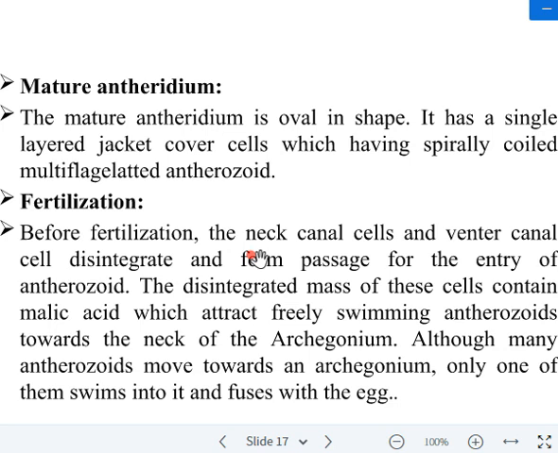So in Equisetum, fertilization is induced by malic acid and fumaric acid, which attract the anthrazoids towards the egg cell. Many anthrazoids collect around the neck of the archegonium, but only one enters the neck and fuses with the egg to produce the zygote.